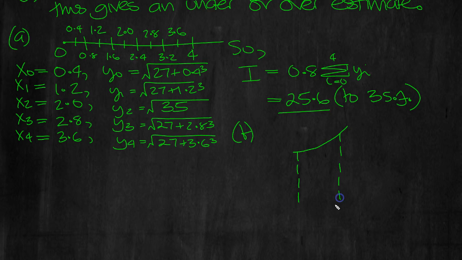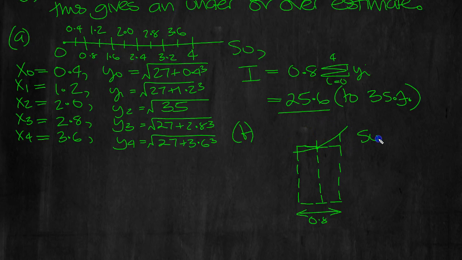There's our strip, and that would be 0.8, and here would be our value in the middle, and we would take a rectangle here, and because it's twisting up quite sharply, we can see that it's an underestimate.